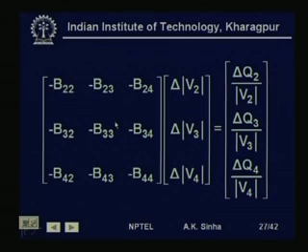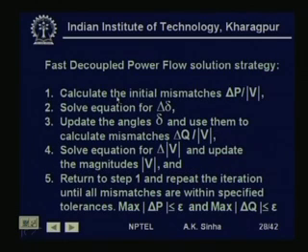So, B double dash into delta V is equal to del Q by V. So, this is the expression that we have, and this is the algorithm that we use for solving the power flow using the fast decoupled power flow method.